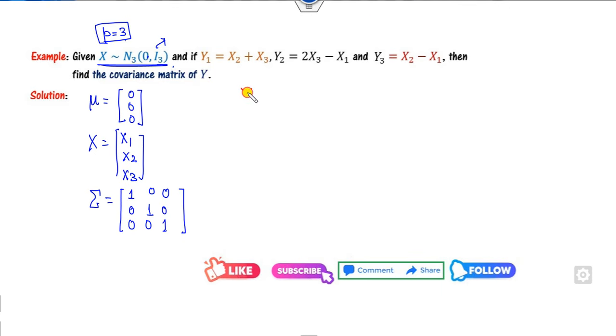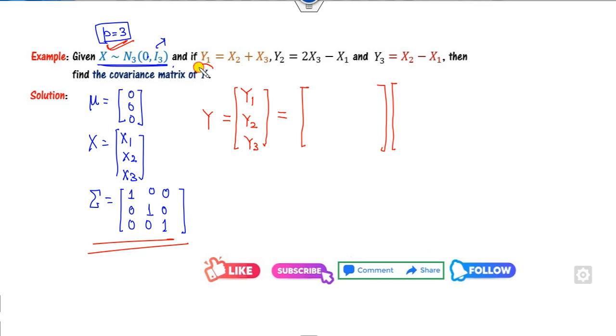So firstly, can you write y in terms of y1, y2, y3? This is my y. Fine. Now, because this is a transformation, you know x, which is a multivariate normal distribution. Your target is to find y by using the transformation.